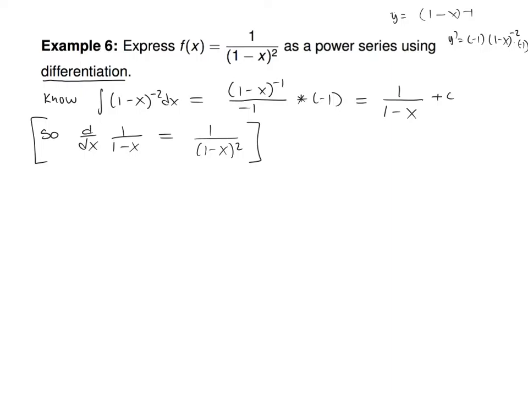Here's the thing. The question said to use a derivative, but you've got to figure out the thing that you're going to differentiate in the first place. The way you figure out what to differentiate is you figure out what the antiderivative is, and then say, because of how this relationship works, this derivative is equal to the stuff inside. So you have to use both directions.